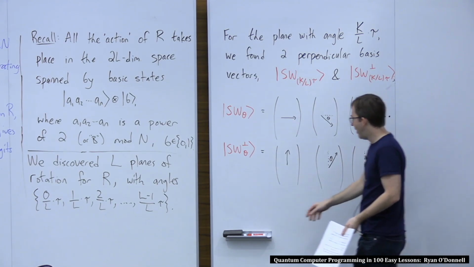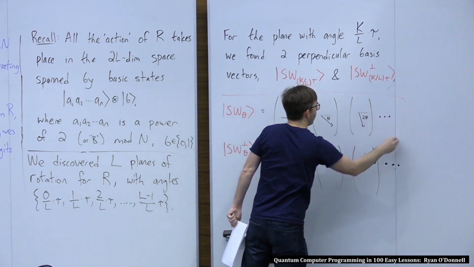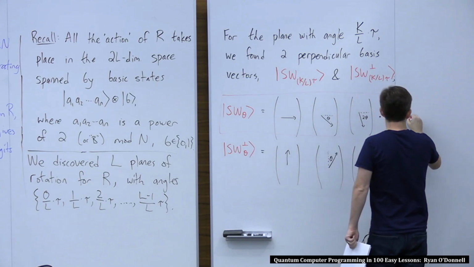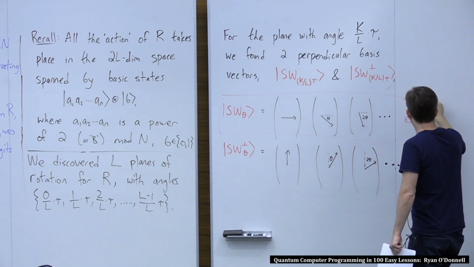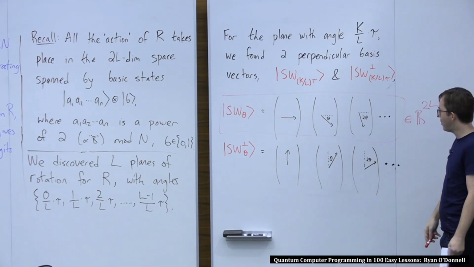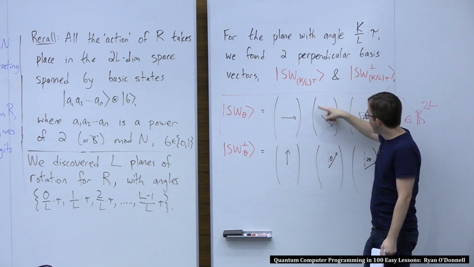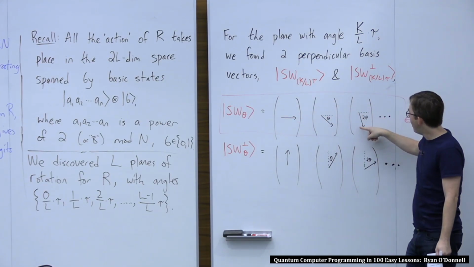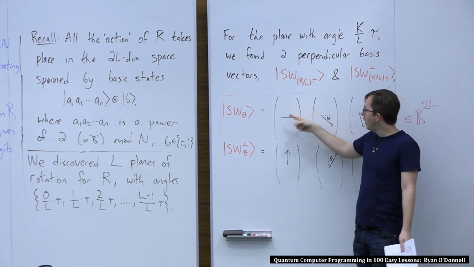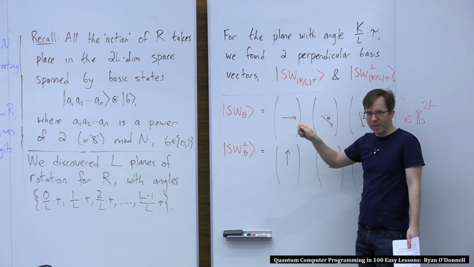So let me remind you what's going on here. These are 2L dimensional vectors. But rather than conventionally listing them like a column of 2L numbers, we listed them like here's the first two coordinates, then here's the second two coordinates, here's the next two coordinates, etc. And rather than writing a two-dimensional vector as two numbers, we're like, oh, well, let's draw it as a vector.